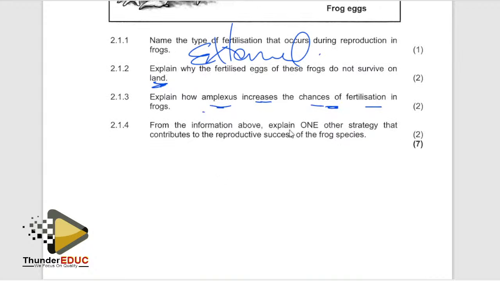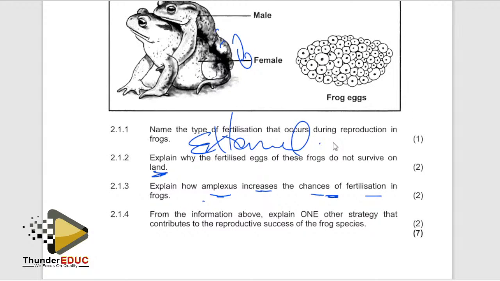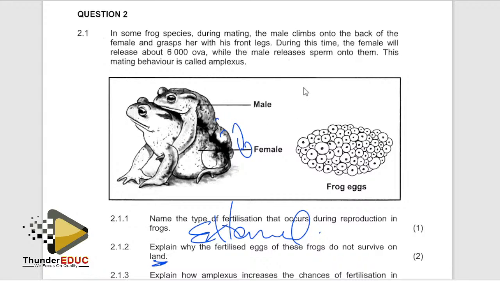From the information above, explain one other strategy that can contribute to the reproductive success of the frog species. It depends on what you have used here. Number one, if you used sprinkling the sperms directly onto the eggs, and if you use the other one, then you can swap.